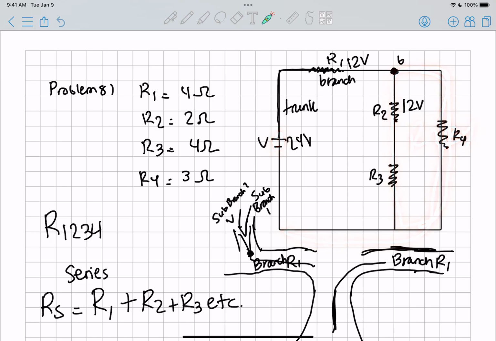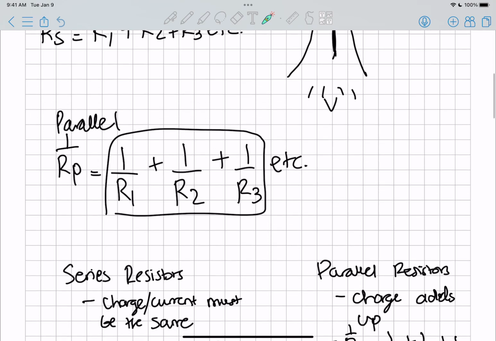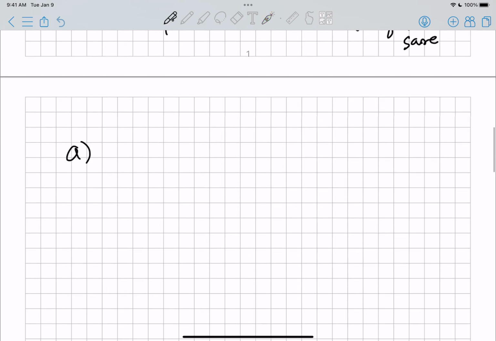Let me go back and start at the battery again so I can retrace my steps, because you could have more than one parallel branch to simplify. As you simplify parallel branches, restart at the battery and retrace your steps through the circuit. Simplify another parallel branch, retrace your steps, go through the circuit again until you have everything in series, and then you can simplify at the very end. That's my last recommendation for these problems.